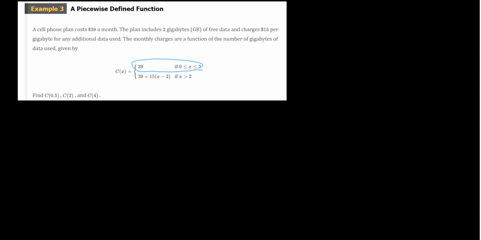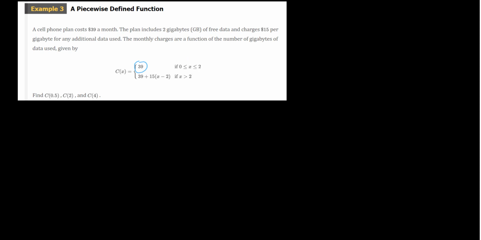So what you do whenever you are evaluating a function is you look here. These are essentially the domains. Oh no, we have to talk about domains today too. These are the domains of this function. So the function 39 has the domain from 0 to 2, including 0 and including 2.